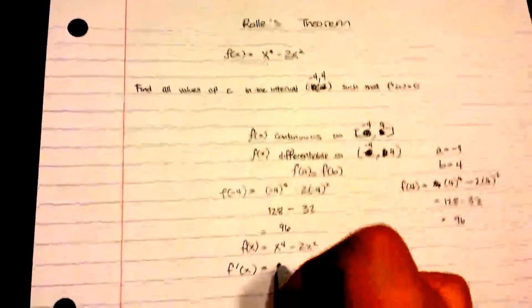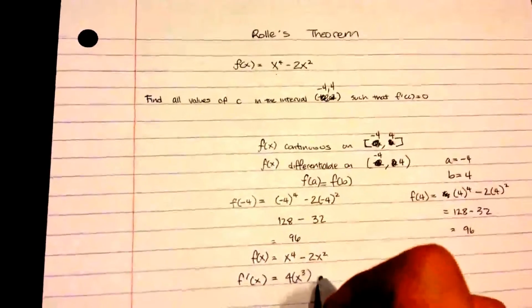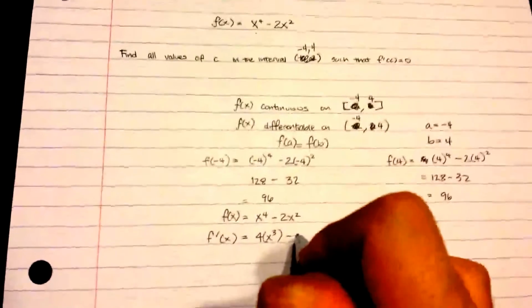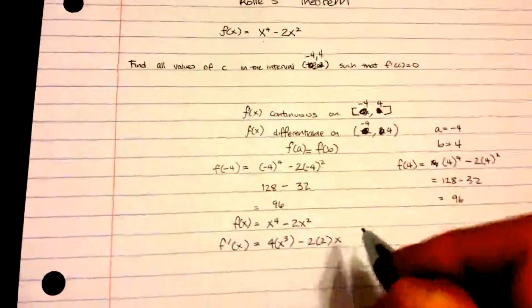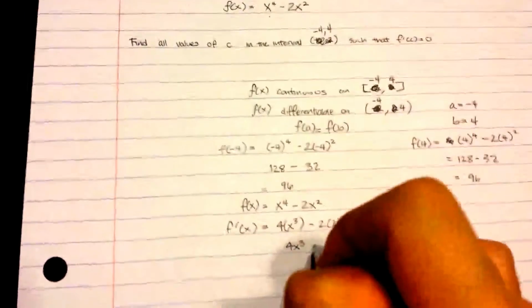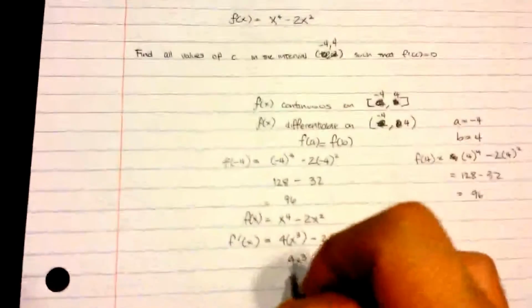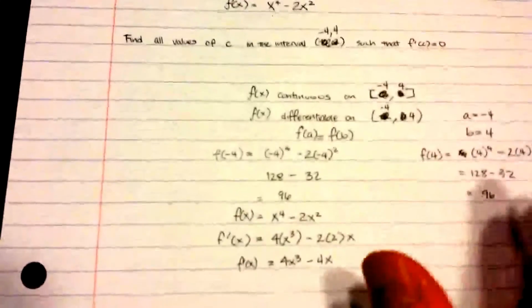For this one, we just pull out the 4x, and then we have x squared minus 2. So that becomes 4x cubed minus 4x, which is equal to f prime of x, the first derivative.